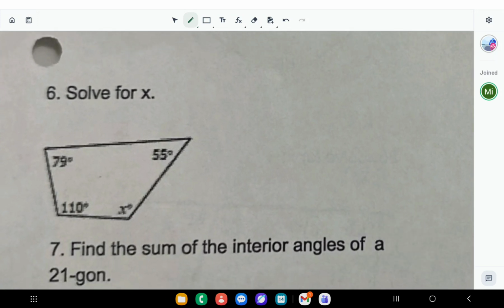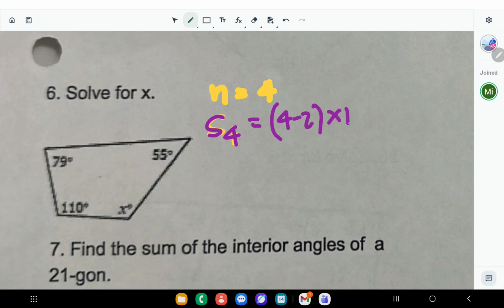How many sides do we have here? This is not regular, right? So this is 4 minus 2 times 180. 2 times 180 is 360. So this is the sum of the interior angles, and we need to find x.